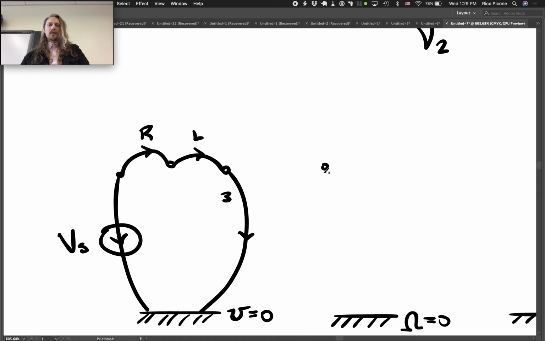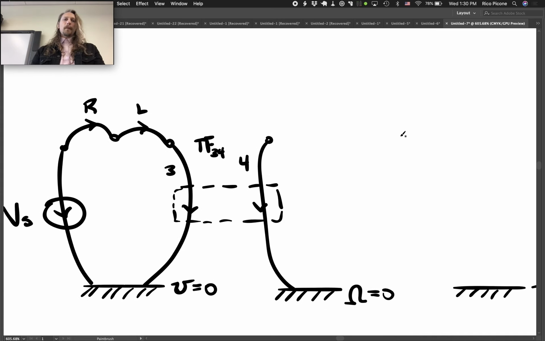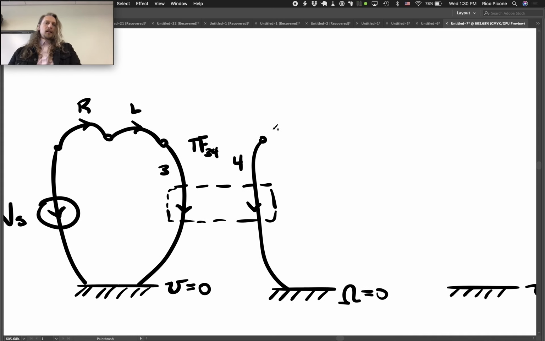It's going to interact with the rotational side through the rotor. So this is 4, and we know it's a DC motor, so it's got a nice transformer relationship, and we'll call that TF3, 4.